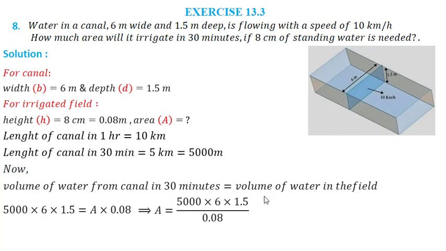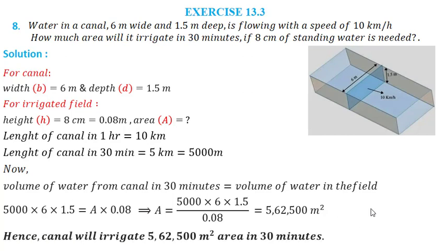Now I can multiply by 100 so that it becomes 8 in the denominator and then cancel. So I got the area as 5,62,500 meter square. So I will say that the canal will irrigate 5,62,500 meter square area in 30 minutes. I hope you understand this problem.